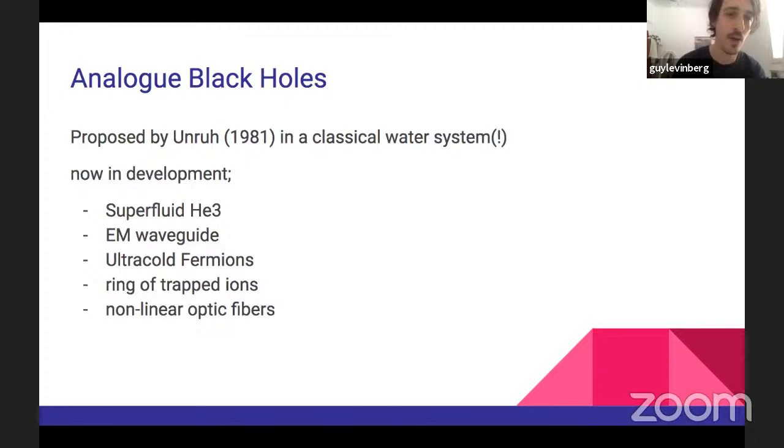People are now thinking of many other ways to emulate a black hole, with superfluid helium-3, electromagnetic waveguides, ultra-cold fermions, a ring of ions, and nonlinear fiber optics. But I'm going to discuss the only one that actually has come to fruition in the experimental world.